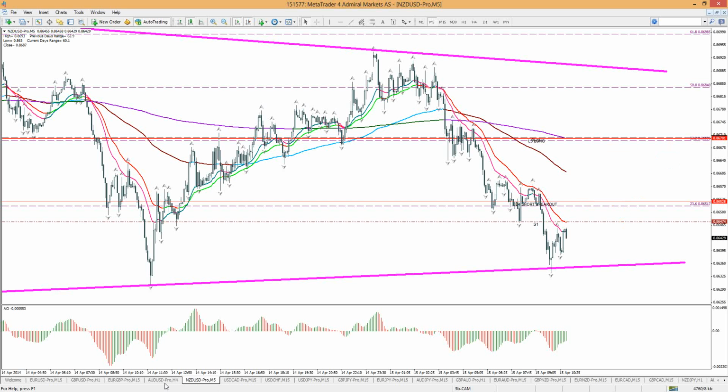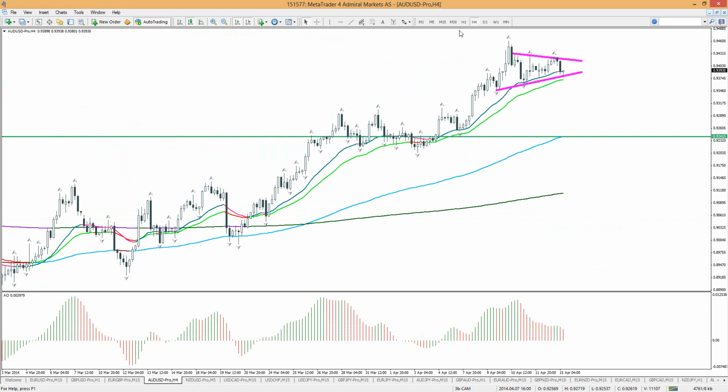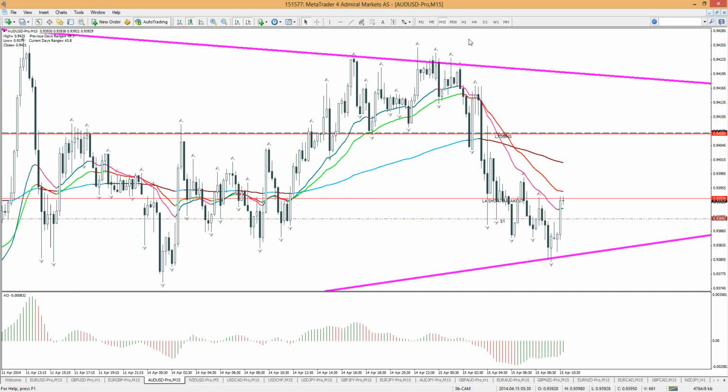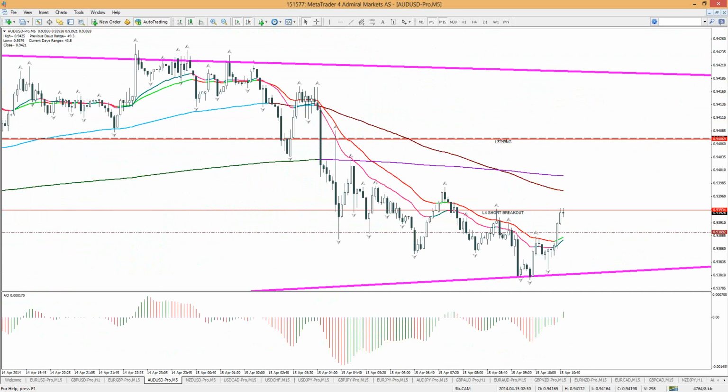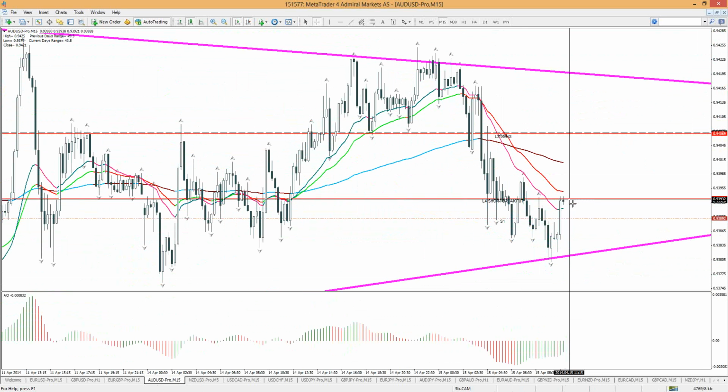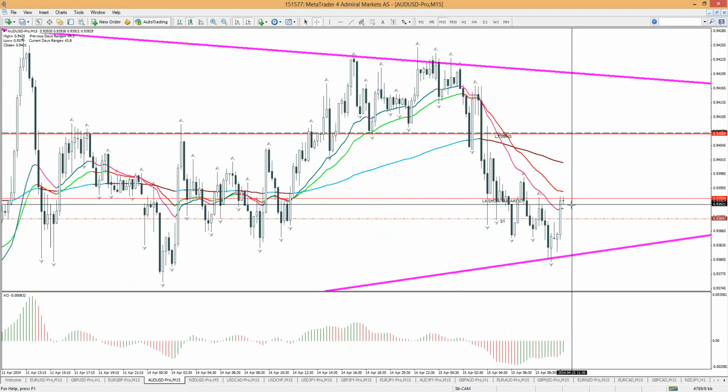Let's see. The 4 hour is getting a bit of a bounce here. Let's see how that closes, though. The 1 hour is making engulfing twins. We can see that indeed the price is making, just like the Kiwi, some bounce here on the Aussie dollar. Here too, though, be careful of that pivot.